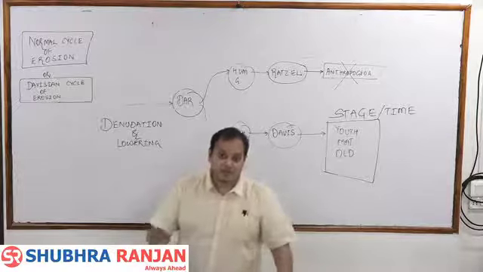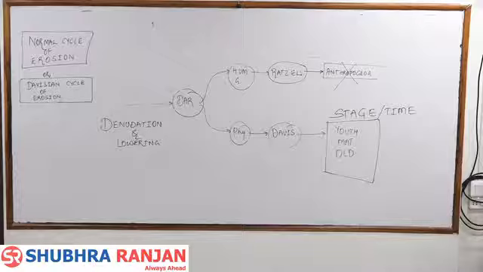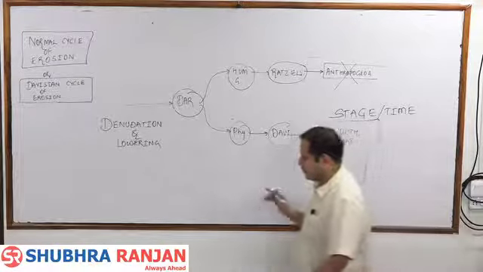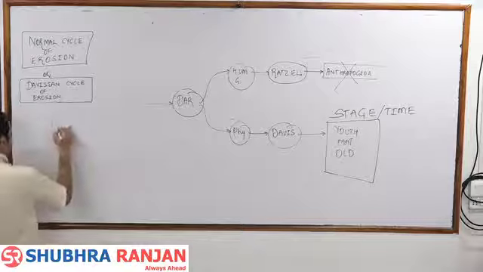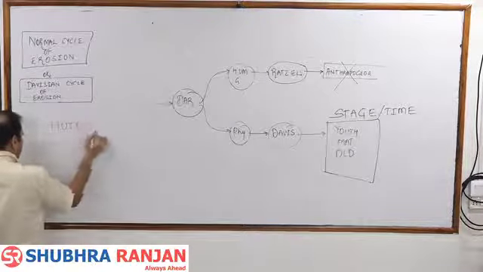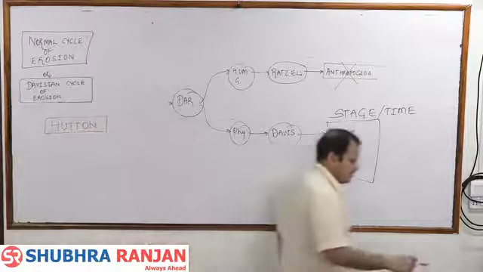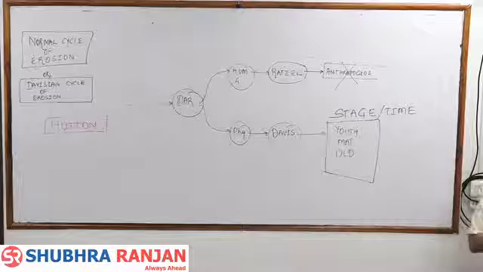Next, the most common introduction can be what I am dictating now. The evolution of the landforms in a cyclic manner was first propounded by Hutton in 1785, in which he said, what is Hutton famous for?